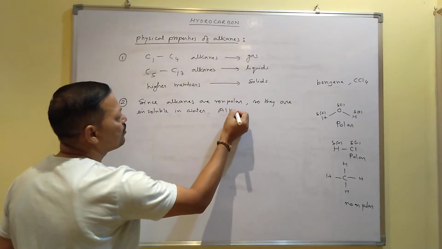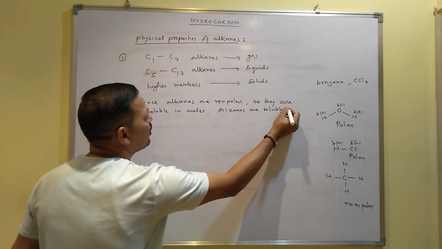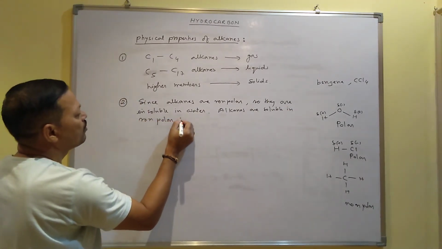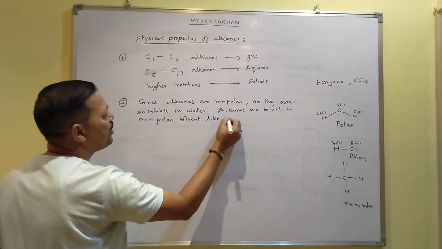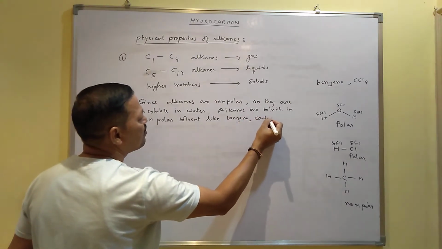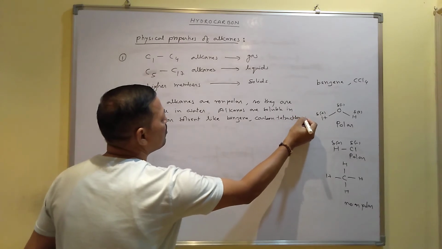Alkanes are soluble in non-polar solvents like benzene, carbon tetrachloride, CCl4, etc.